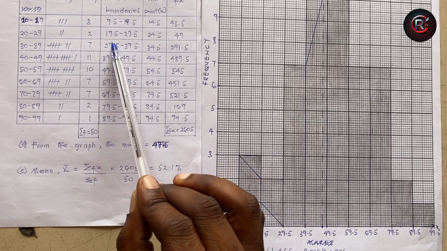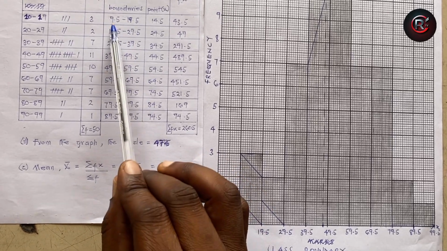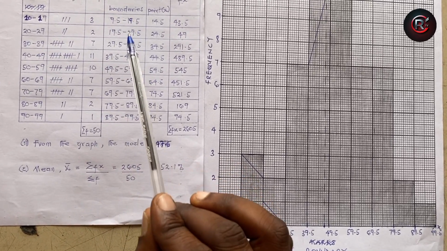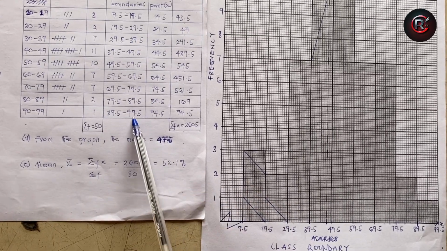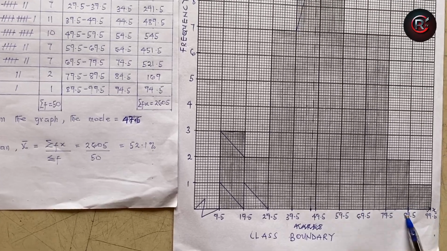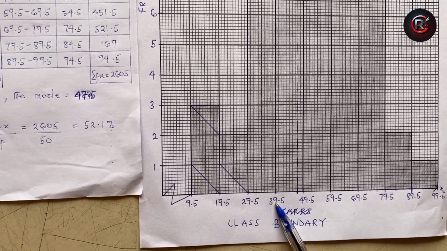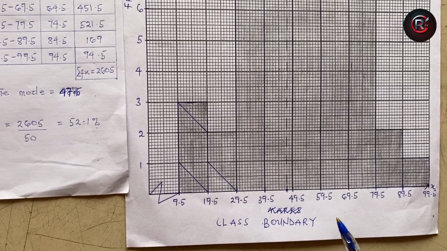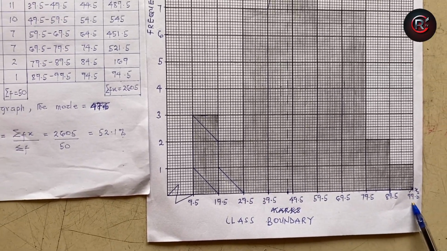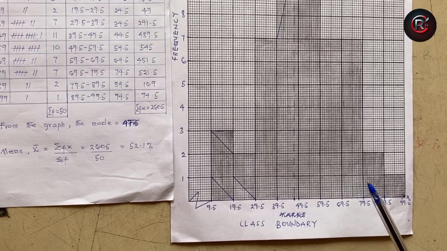So we take it like this: 9.5, 19.5, 29.5, 39.5, 49.5, 59.5, 69.5, up to 99.5. So that is what we have here.